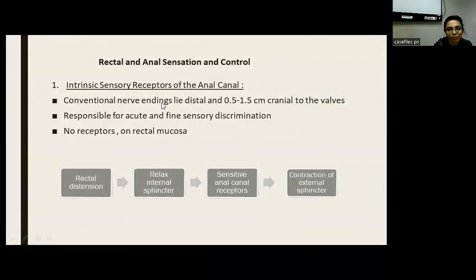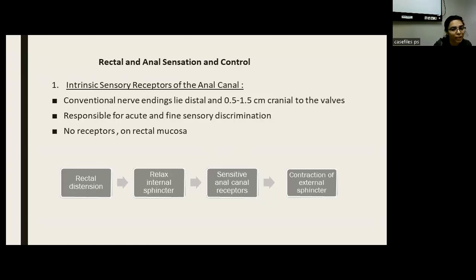Then the physiology part, the rectal and anal sensation and control. Sensation is carried out by the intrinsic sensory receptors of the anal canal, which are the conventional nerve endings which sense stimuli like pain, tension, pressure, which lie distal and 0.5 to 1.5 centimeter cranial to the anal walls.